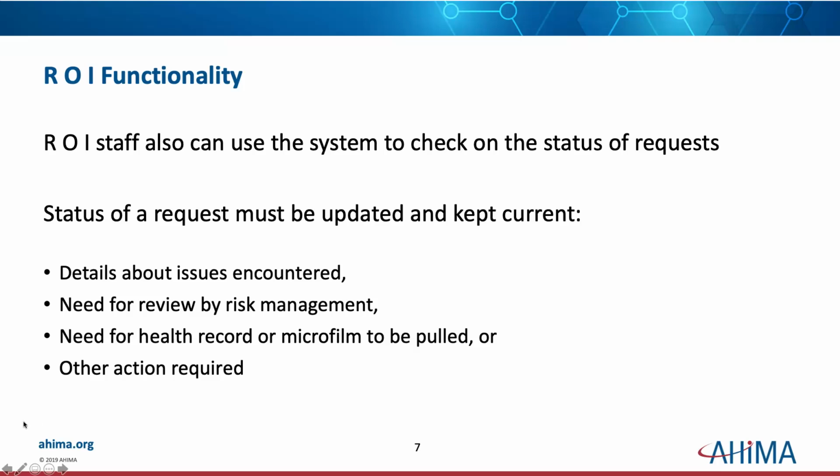Maybe you've got to have someone trek over to wherever old paper records or microfilm, microfiche are stored to obtain copies. Or other reasons. And so that all needs to be updated, because really you should be looking at any request that's older than 7 to 14 days to see what's going on with it, why is it still outstanding, what needs to happen next in the process.